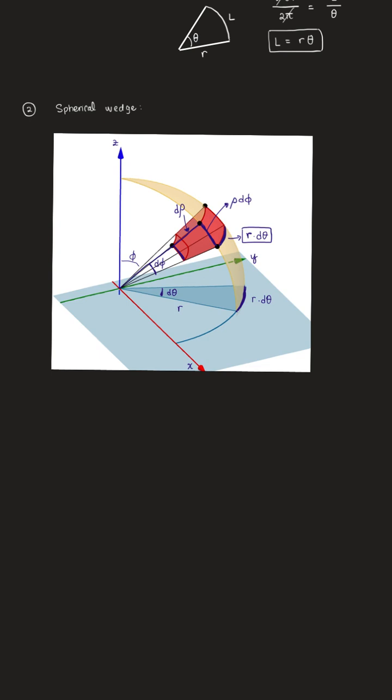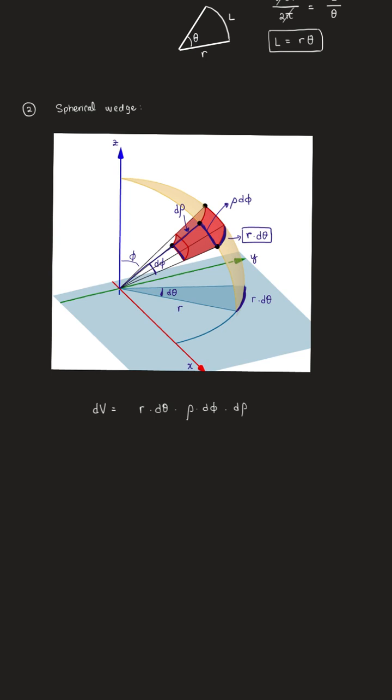To get the volume of that little wedge, we're going to call that a little dV, a very, very infinitesimally small volume, where again, the change in rho is very, very tiny. And so that's going to be r times our little change in theta. We also have rho times a little change in phi, and then we also have a change in rho.